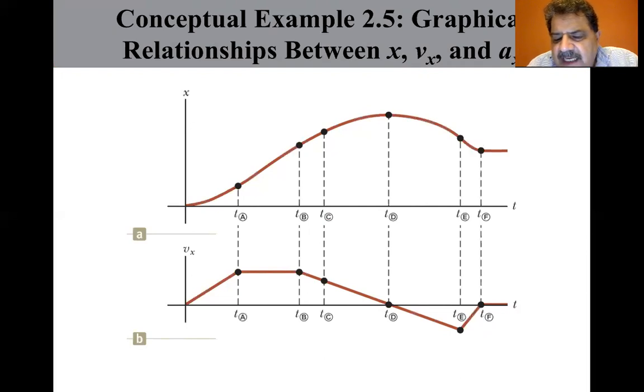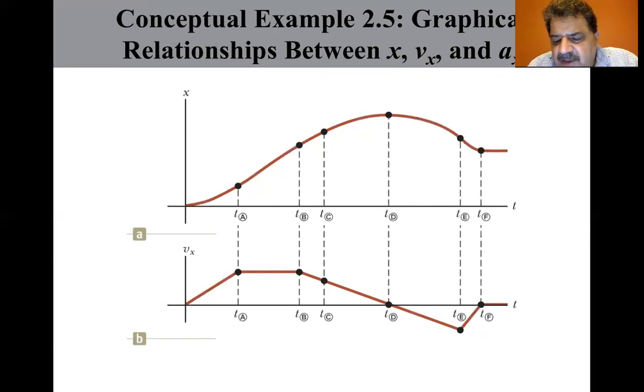Between tb and td, the slope of the x versus t graph decreases, so the value of the velocity in the vx versus t graph decreases. The velocity is going down. And at td, the slope of the x versus t graph is 0, so the velocity is 0 at that instant.